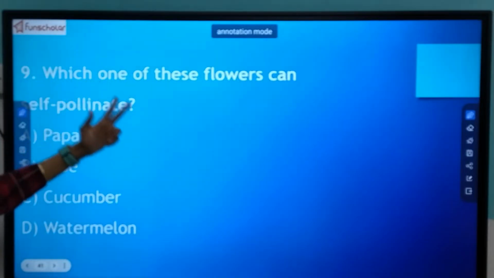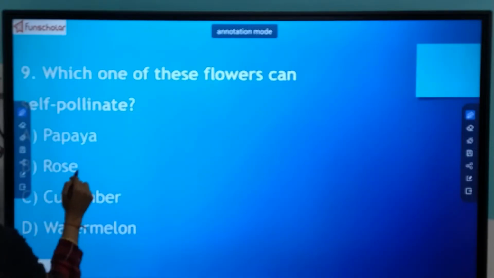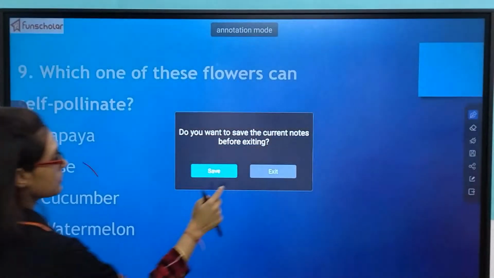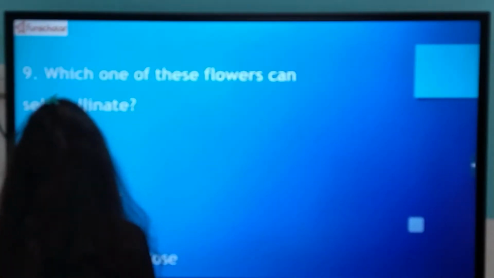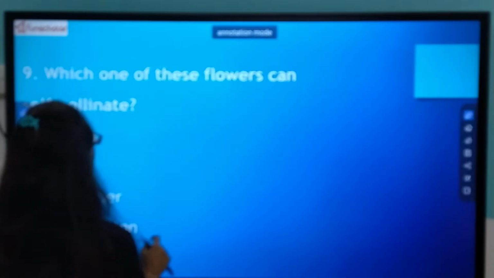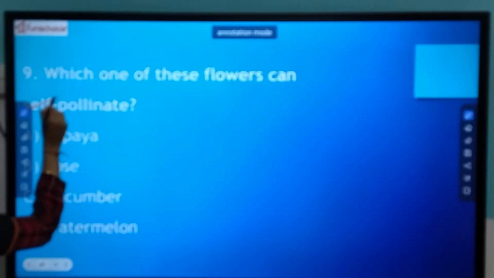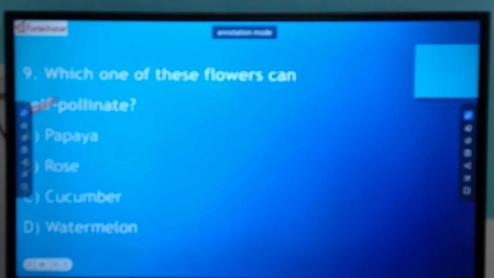Which one of these flowers can self-pollinate? Is it rose? No. And the question is a bit wrong over here.